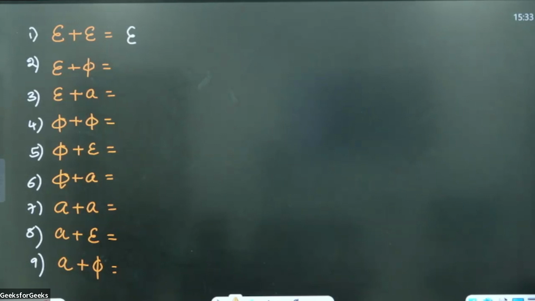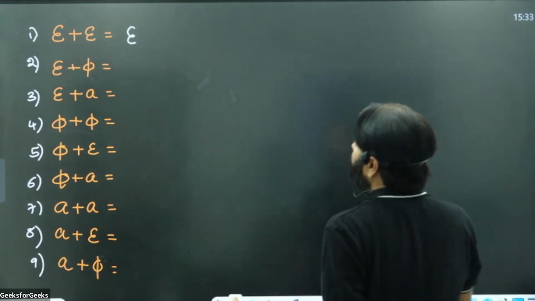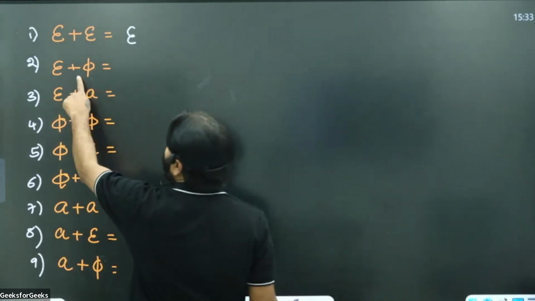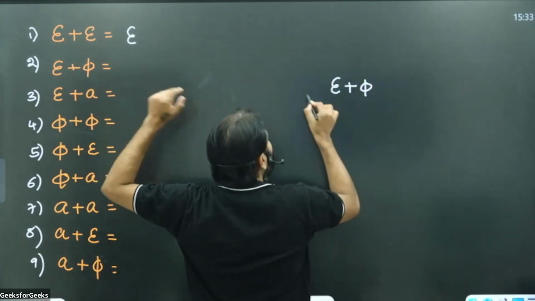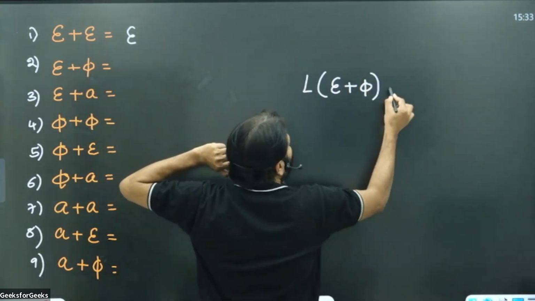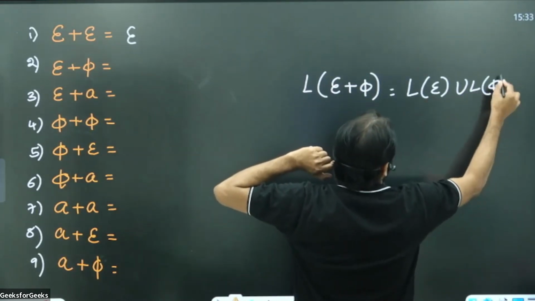I think most of you are able to answer except one or two statements. Now, here epsilon plus pi, right? If you ask for the language, what will you do? Language generated by epsilon union language generated by pi.